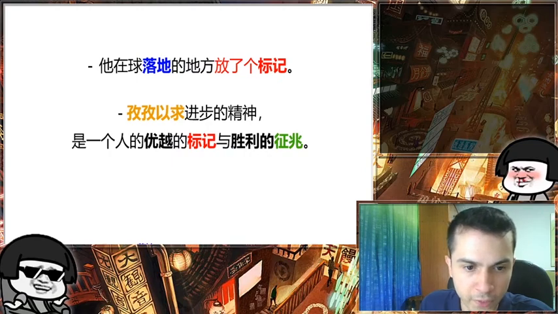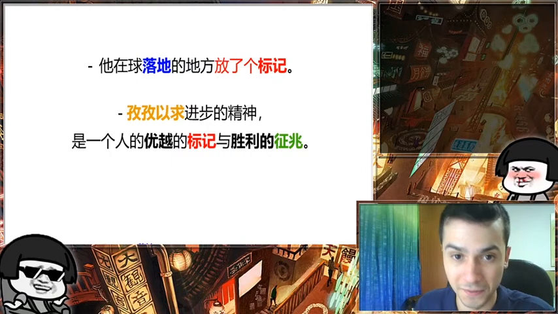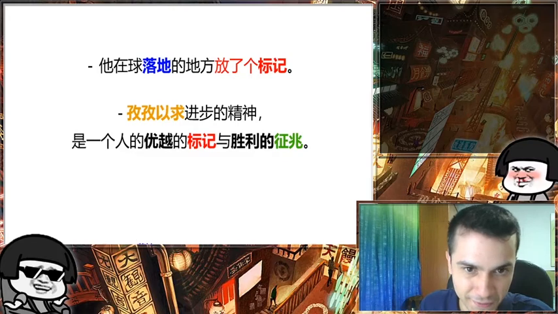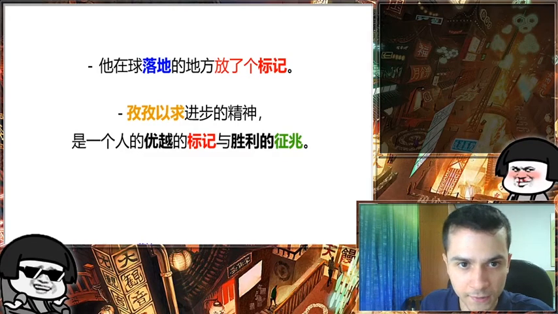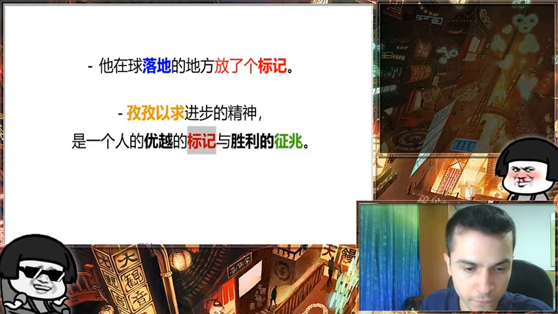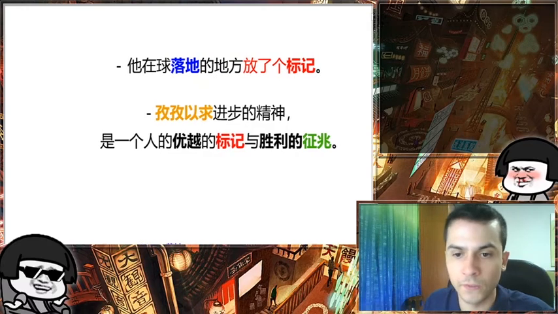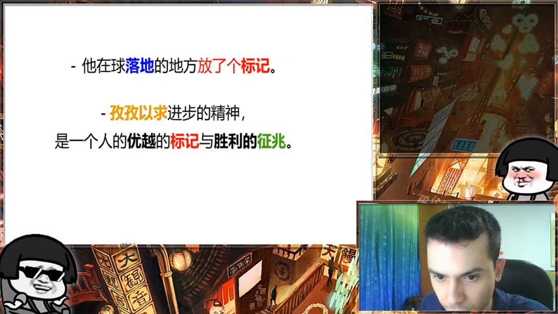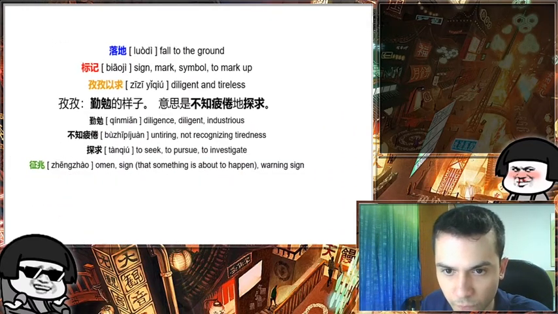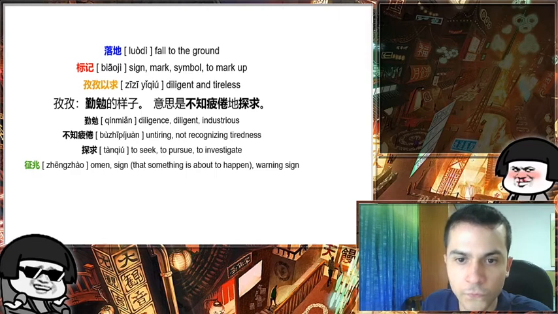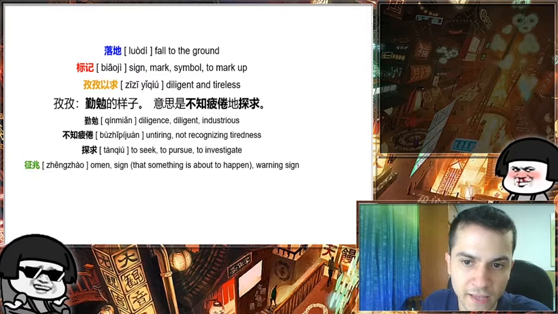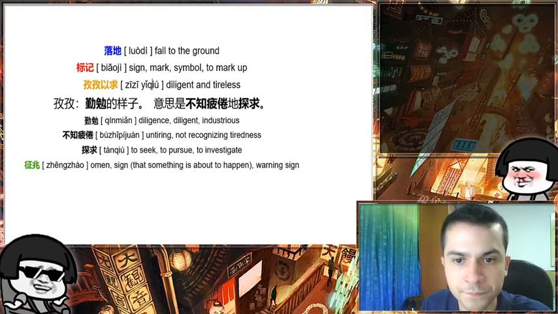Alrighty, so now we're going to be learning a lot of new words. Okay, so here we have two different sentences, and the words we are going to be focusing on are the ones in color. Let's take a look at the translations. Okay, so we have 落地, to fall to the ground, 标记, which means sign, a mark, right? Then we have 孜孜以求.